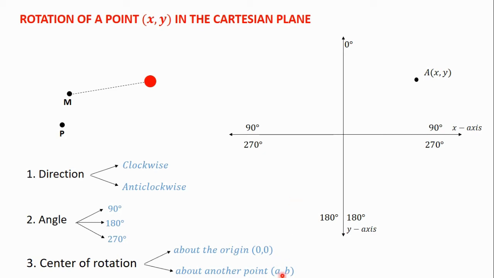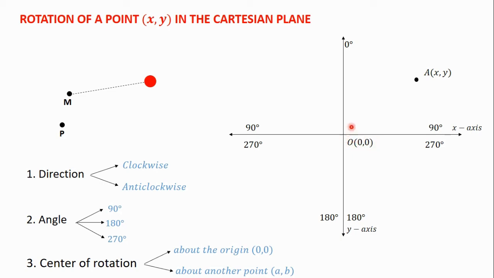So we are going to use A, B to represent the coordinates of that point. So we will learn how to use one, the origin as our center of rotation, and two, any other point as our center of rotation. So on our XY plane here, we will learn how to use the origin, which is usually denoted with the letter O and has the coordinates 0, 0 as our center of rotation.